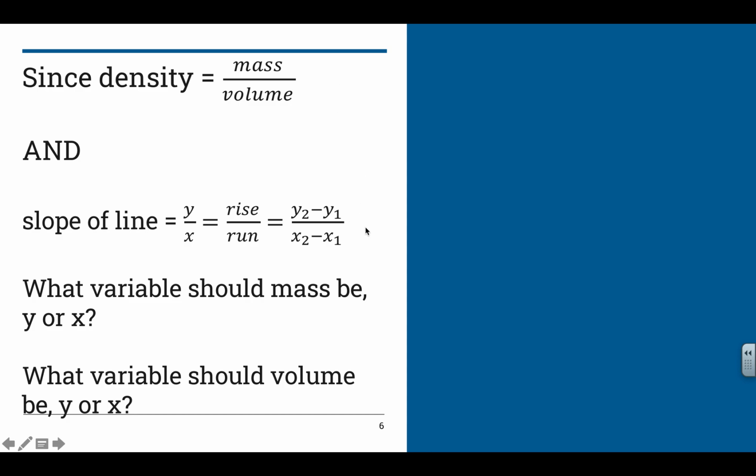Maybe combine these two. What variable should mass be, y or x? It should be y. And what variable should volume be? It should be x, okay?